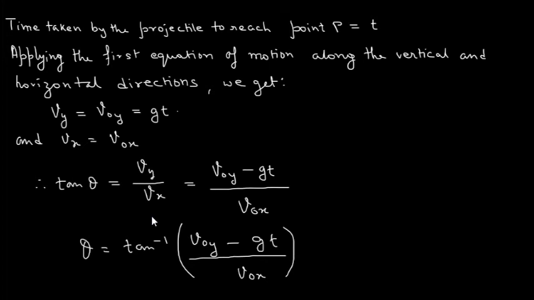Applying the first equation of motion along the vertical and horizontal direction, we get Vy is equal to V0y minus gt and Vx is equal to V0x. Tan theta is equal to Vy upon Vx, which is equal to V0y minus gt upon V0x. Theta is equal to tan inverse of V0y minus gt upon V0x.